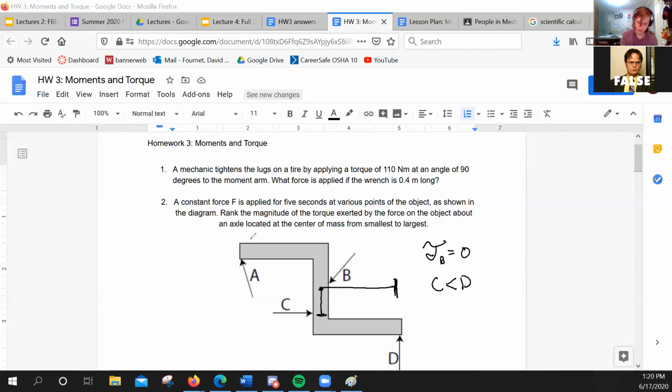We can also say, similarly, that A is further out than C, so A is also probably going to be greater than C, okay? This is all just because the distances are larger, right? So distance A is greater than distance C.